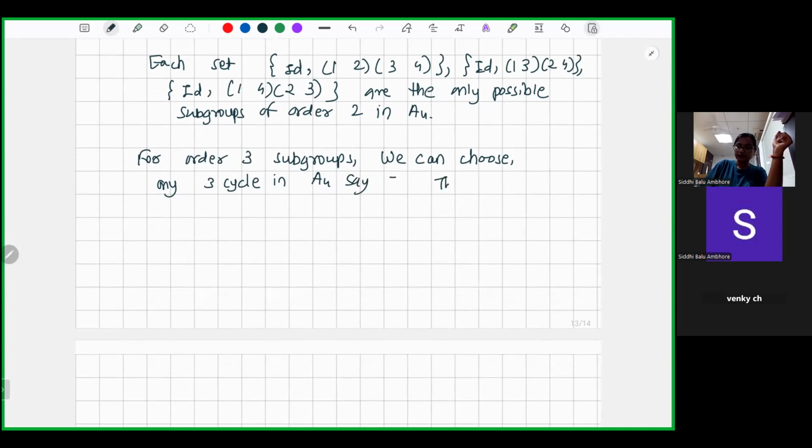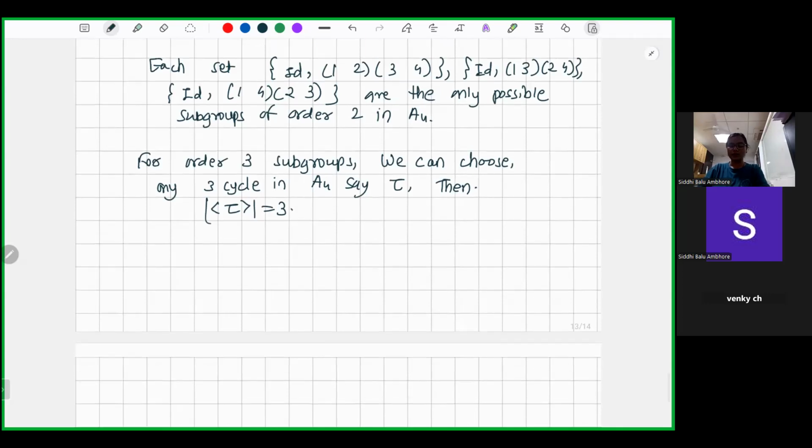Then the subgroup generated by tau will have cardinality 3. Okay, it's a 3 cycle, so the order of tau is 3. That will be the order of the subgroup generated by that tau.